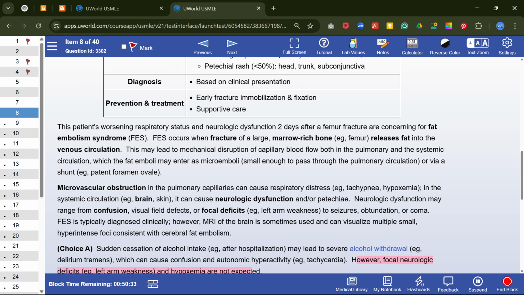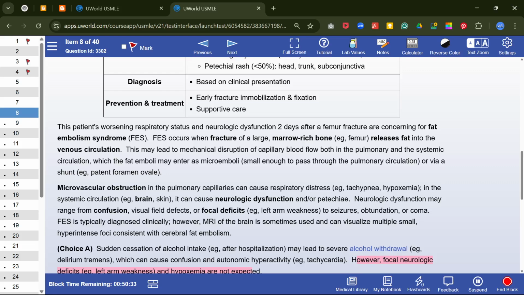This may lead to mechanical disruption of capillary blood flow in both the pulmonary and systemic circulation. The fat emboli may enter as microemboli, small enough to pass through the pulmonary circulation or via a shunt such as a patent foramen ovale.